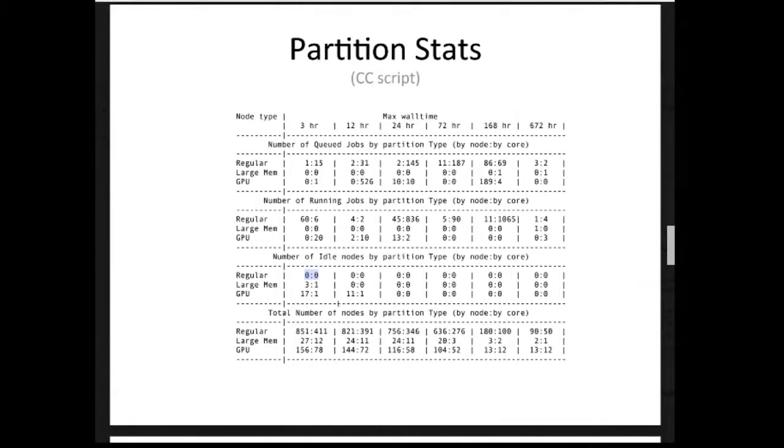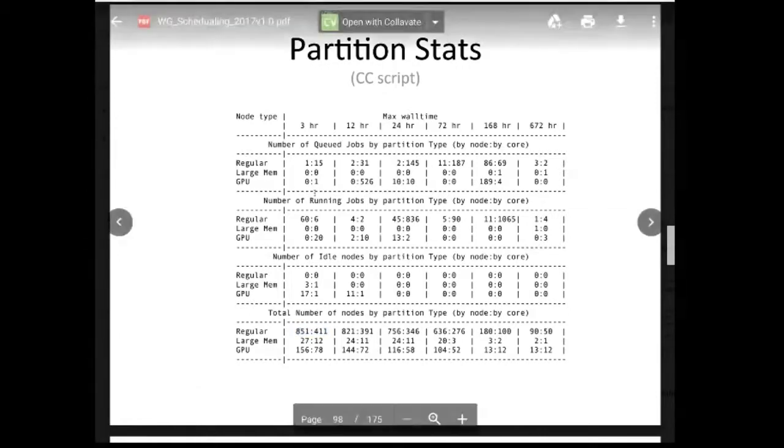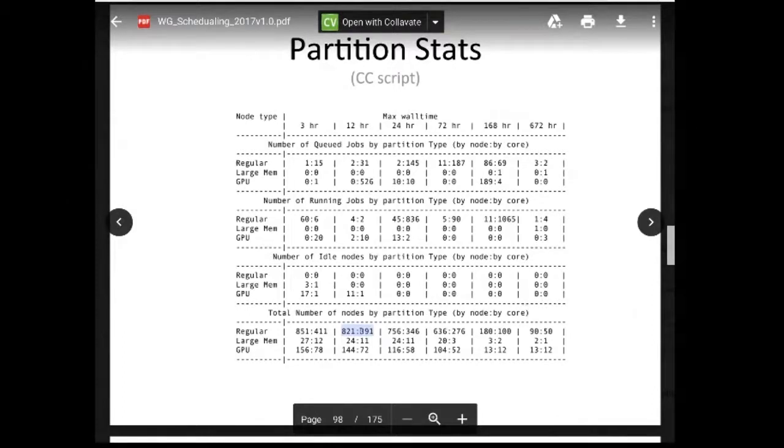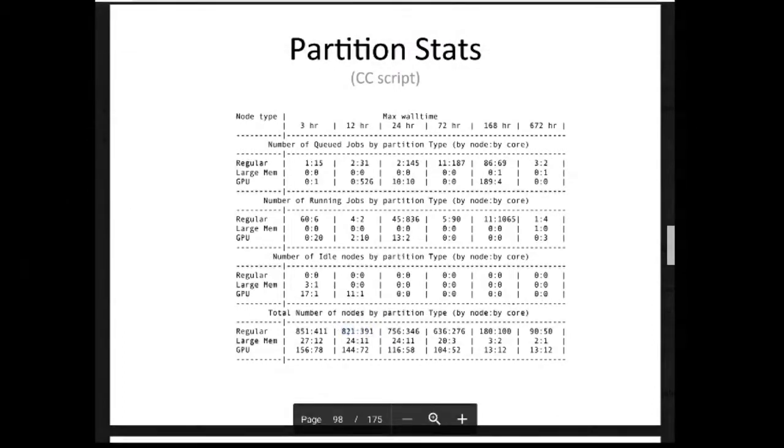In the bottom section, we have the total number of nodes in each partition. Here we can see that there are 851 nodes that a job with a 3-hour wall time can run on if it uses a whole node, but only 411 if it asks by core. However, if you're looking at the 12-hour wall time, it's 30 nodes less.